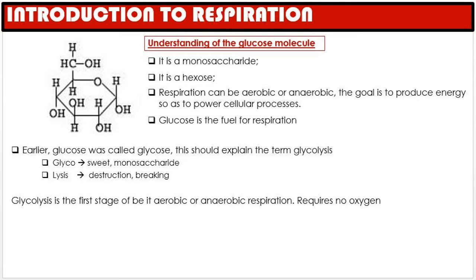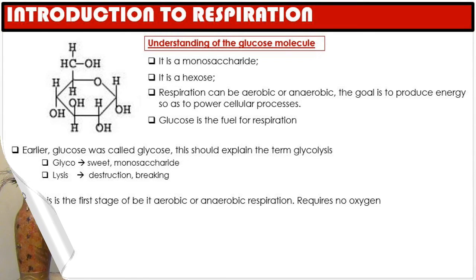Earlier, glucose was called glycose. This should explain the term glycolysis: glyco, sweet or monosaccharide, lysis referring to the destruction or the breaking down. So glycolysis is the first stage of both aerobic and anaerobic respiration, since it requires no oxygen, and you shall get to see how it is like that.